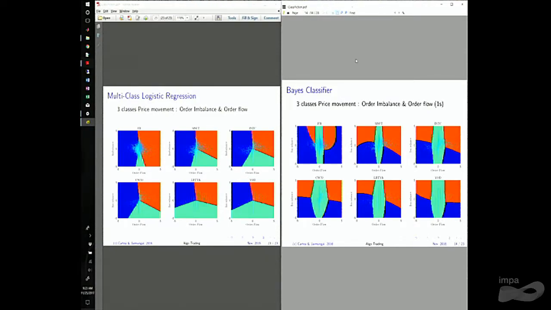Here, you get 0 price movements even if you have positive order flow and negative imbalance. Or even here, no matter where you move, if imbalance is slightly negative, you still get no price change, which is weird, right? And it's solely because these linear boundaries are not sufficient to classify this data.